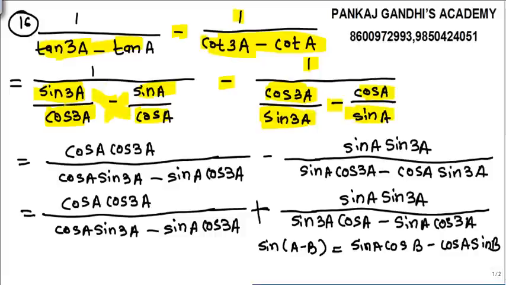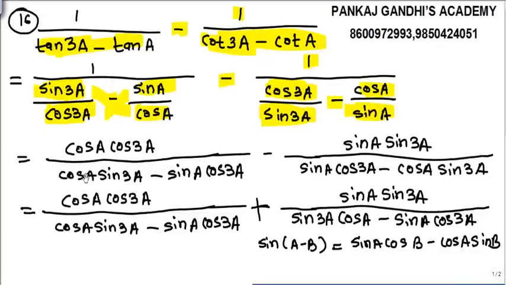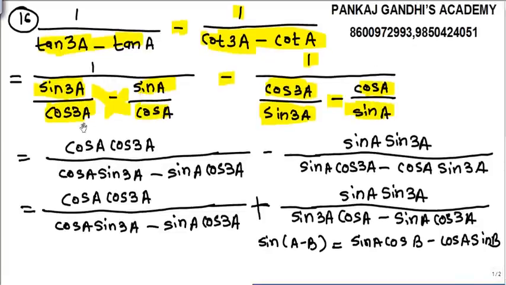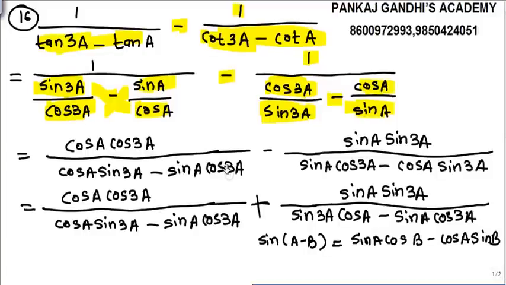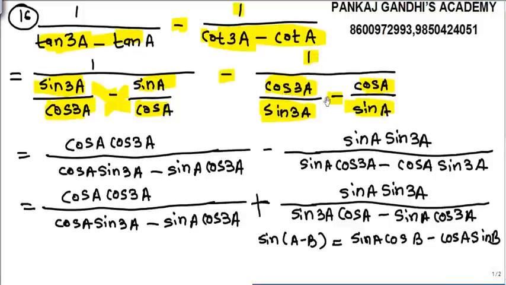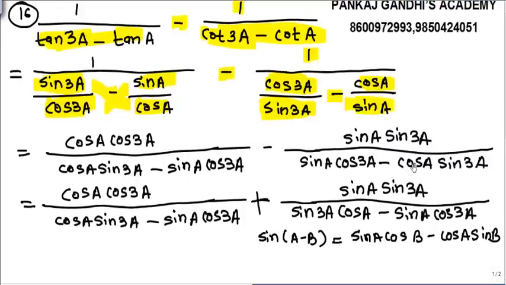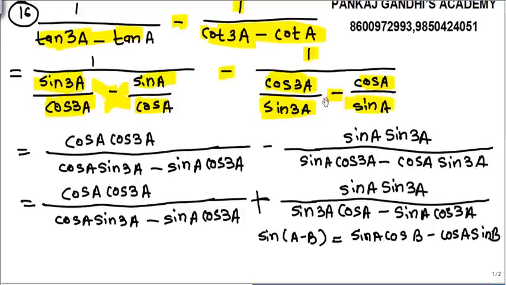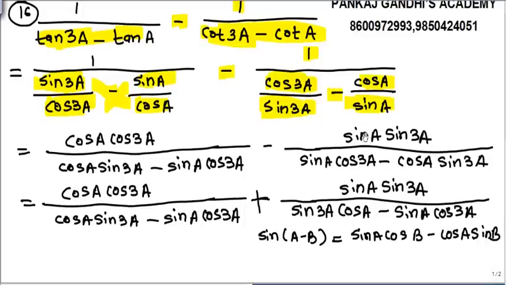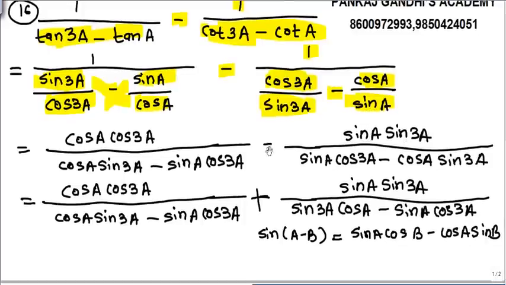So let's do sin 3A into cos A, and sin 3A minus sin A and cos 3A. And obviously the denominators cos A into cos 3A will go in the numerator, and it will be cos A and cos 3A, minus 1 upon cos 3A into sin A minus sin 3A into cos A and sin 3A. And obviously the denominators sin A sin 3A will go in the numerator, sin A sin 3A, and the minus sign is there.